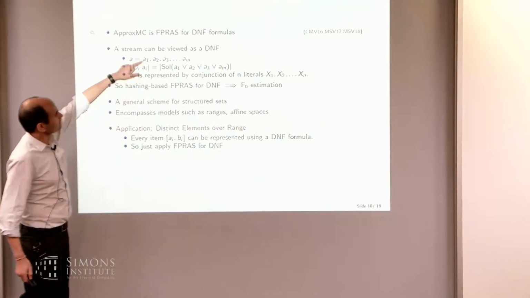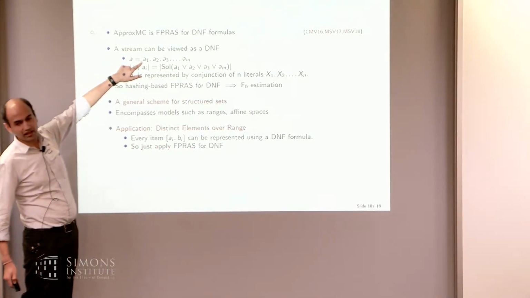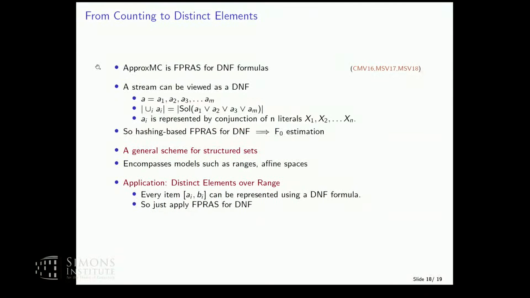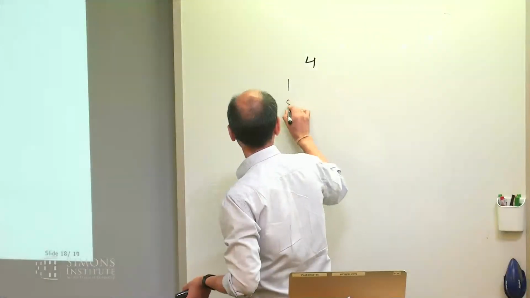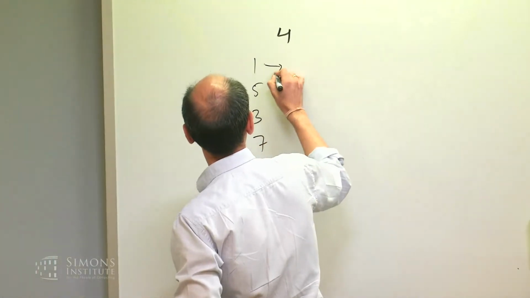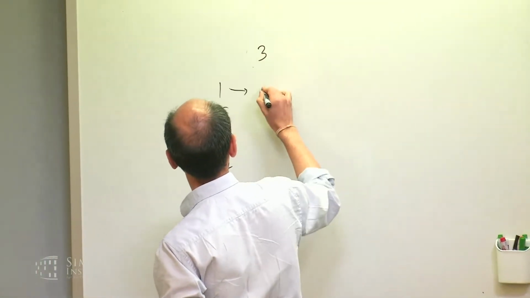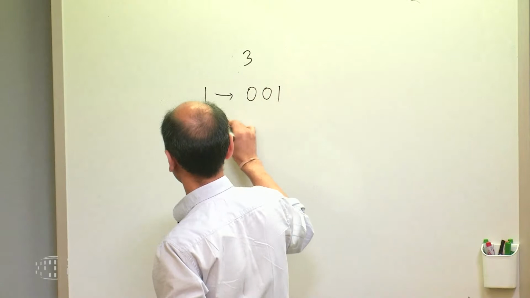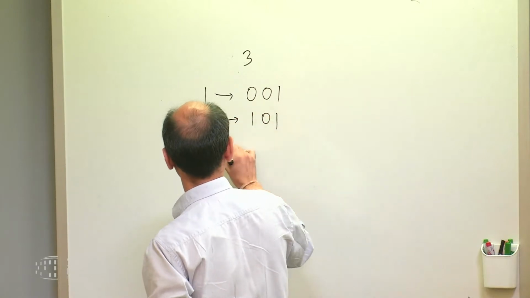Because let's just consider the case where each of these is an element. Let's say we have 3 bits, and we get elements that look like 1, 5, 3, 7. So 1 is really 0, 0, 1 if I look at the binary representation of these numbers.